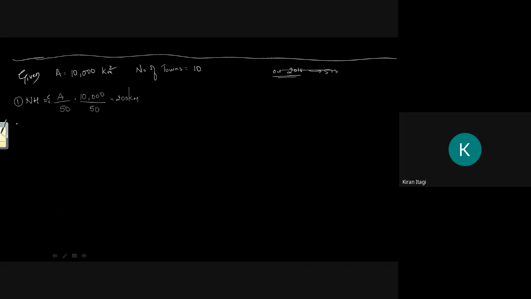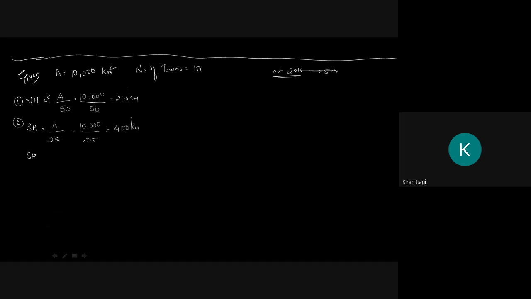Next one, we have state highway, and we have the formula area upon 25, and area is how much? 10,000 upon 25. So it will be double, 400 kilometer.